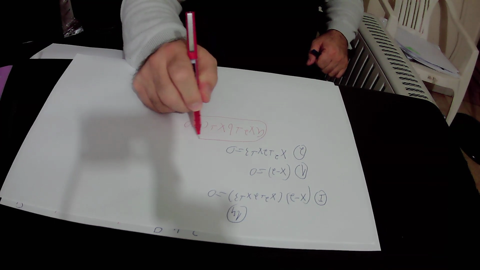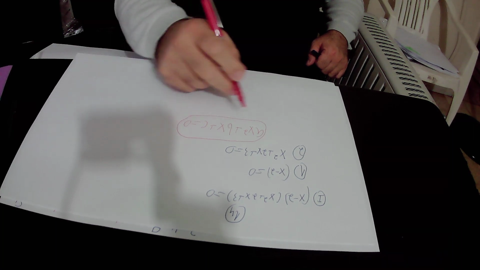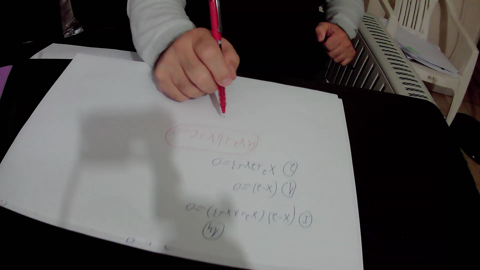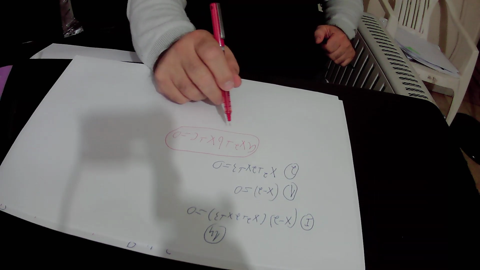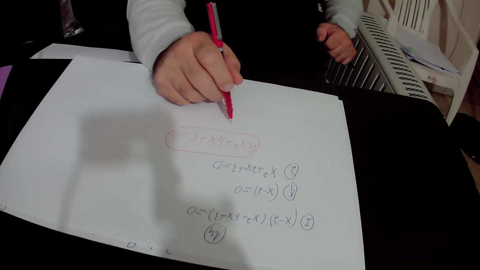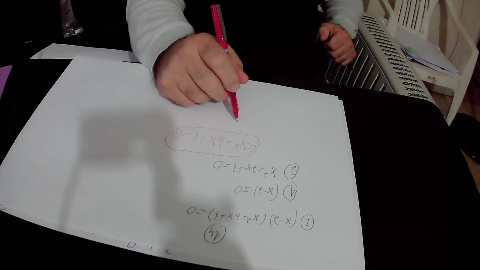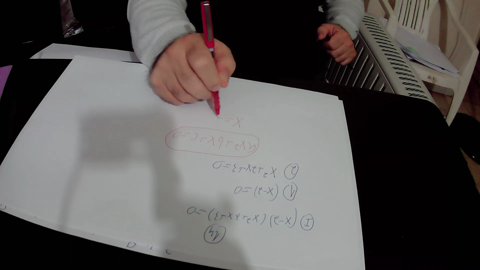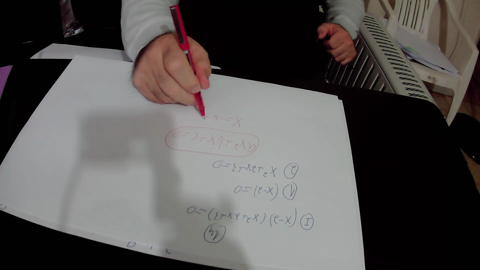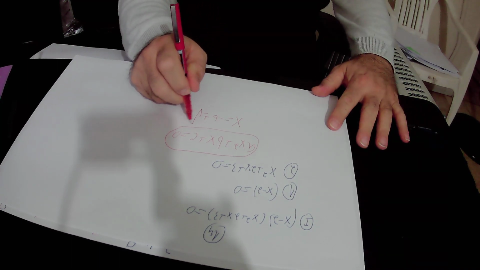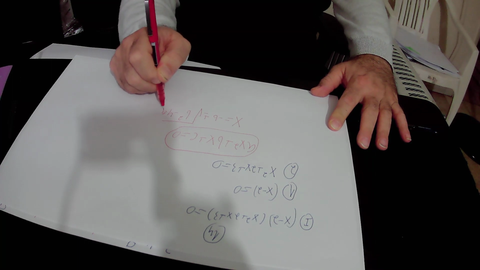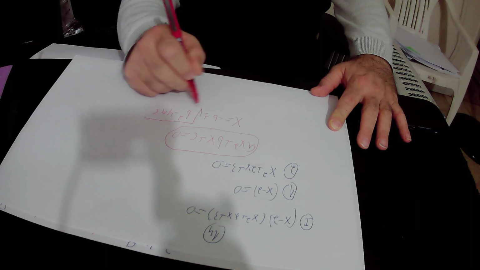This is the general formula for a quadratic equation where a, b, and c are the coefficients of this quadratic equation, and x is the variable that we are looking for, and we will find the value of x according to a special formula. Actually, x equals minus b plus or minus the root of b squared minus 4 times a times c, over 2a.